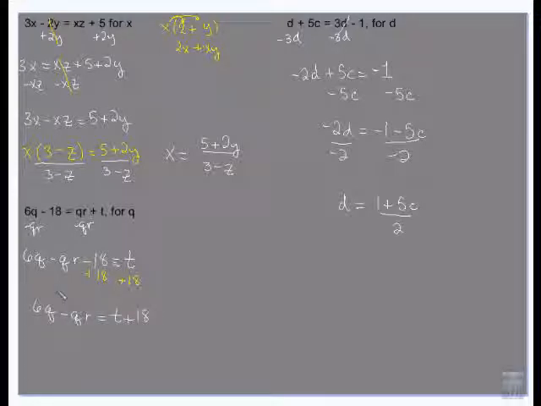They both have a Q, so I have to take the Q out. And then I divide both sides by 6 minus R. So I'll get Q is equal to T plus 18 over 6 minus R.